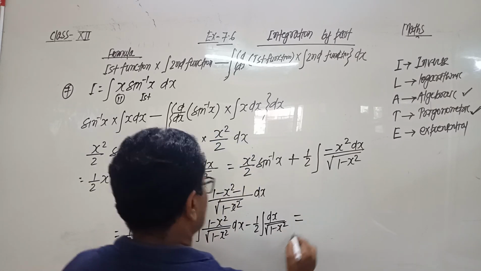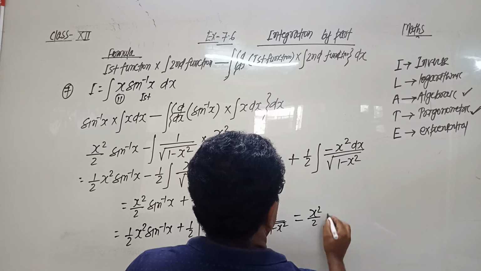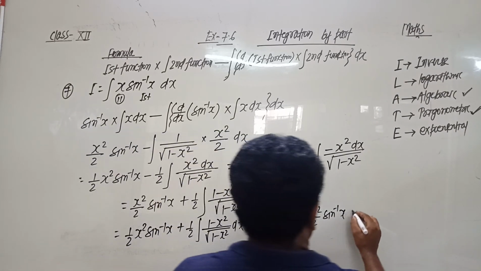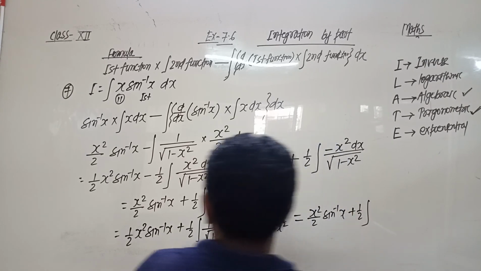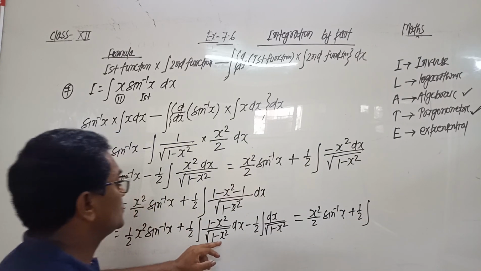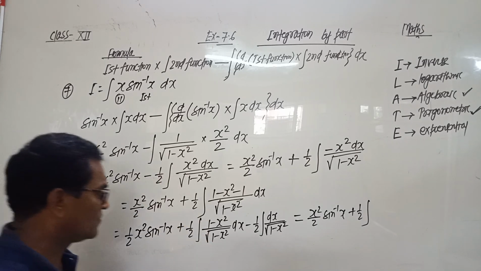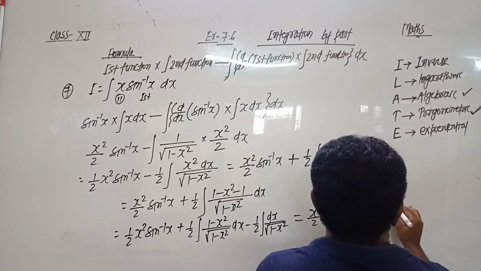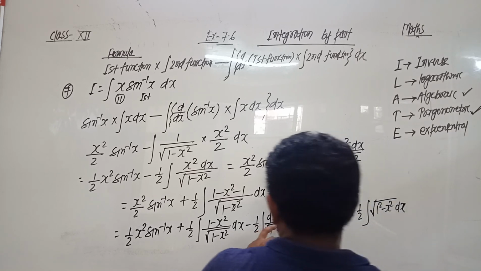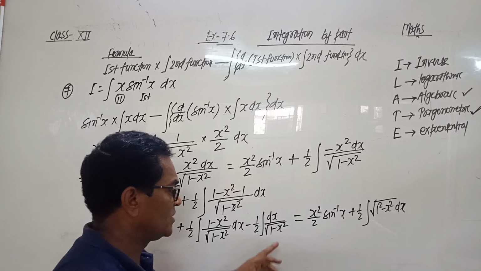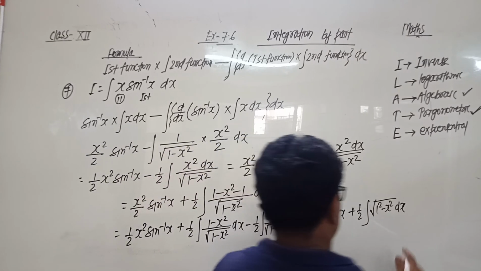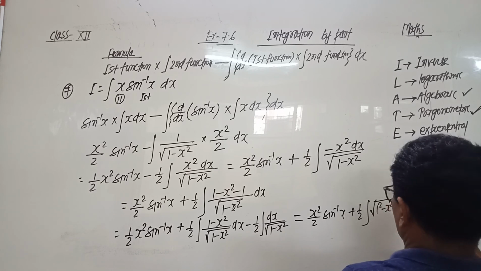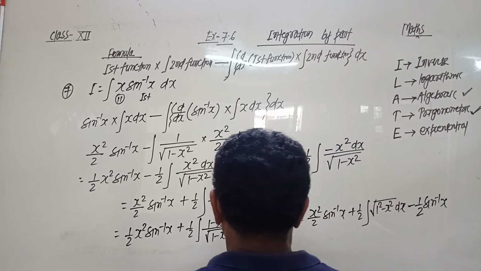So x square by 2 sine inverse x plus 1 by 2, and this can be written with the root in place of the numerator, and it becomes under root of 1 square minus x square dx, and the formula for dx upon root 1 minus x square becomes sine inverse. So 1 by 2 sine inverse x.